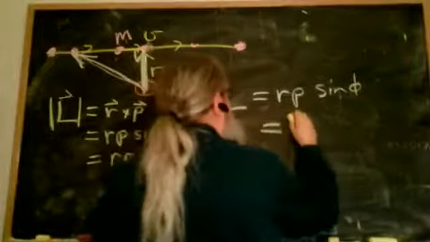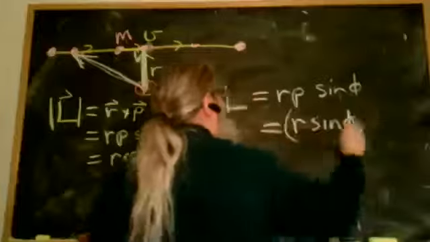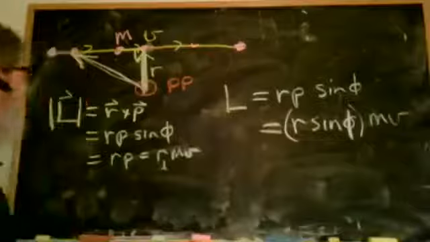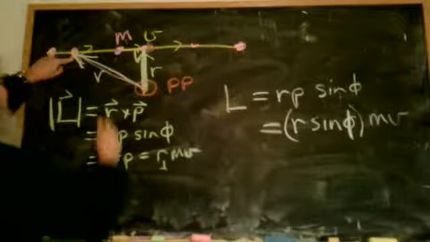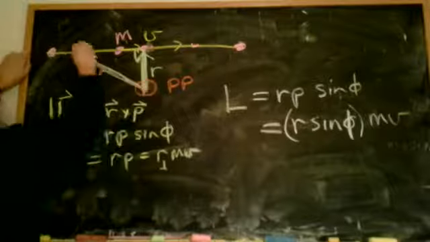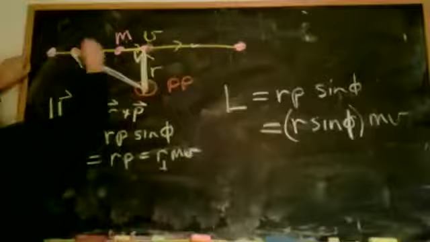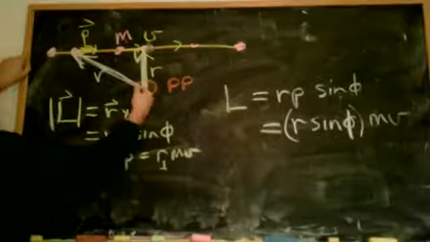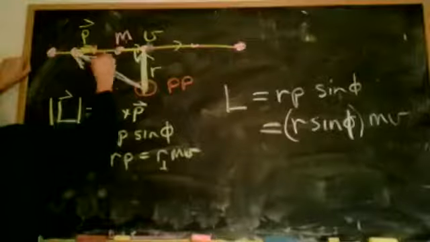I'm going to say this is r times sine of phi, times p. If momentum is pointing this way, the same direction as v and p, then the angle between r and p is this thing right here, which I call phi.